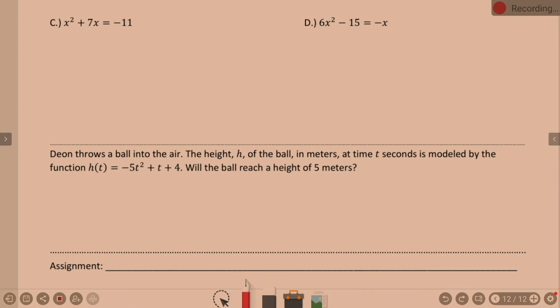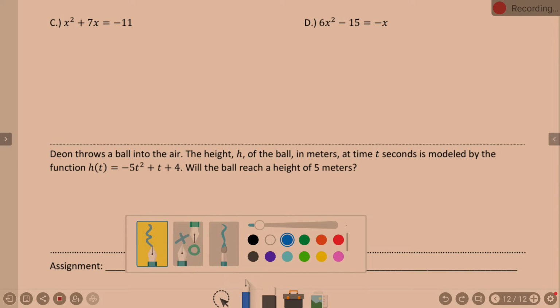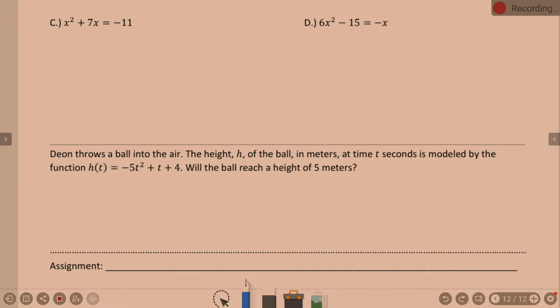So what do we know about C? Yeah, we've got to make it equal to 0 before we think about ABCs, don't we? So in order to make this one equal to 0, I would say add 11. So x squared plus 7x plus 11 equals 0.